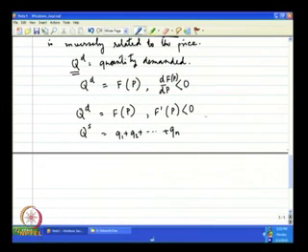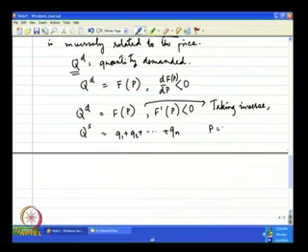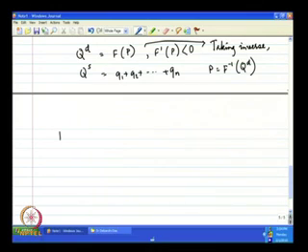Now, before we go further, I can also write this by taking the inverse: P is equal to F inverse of QD.